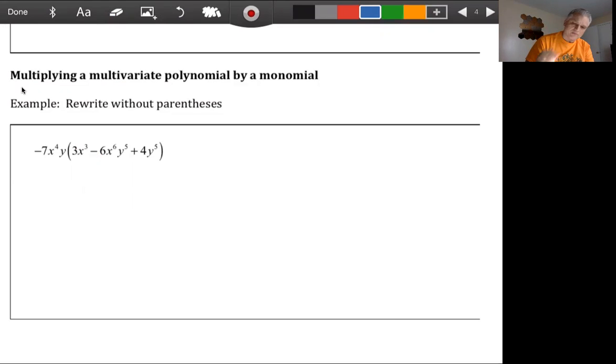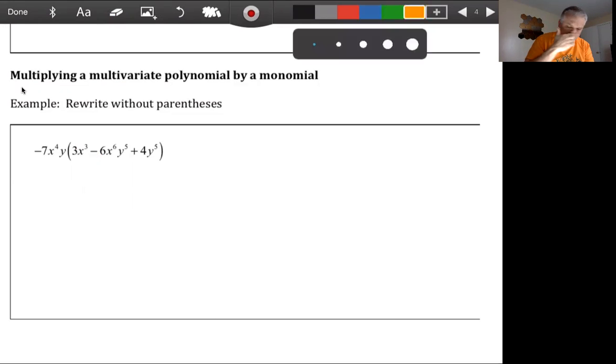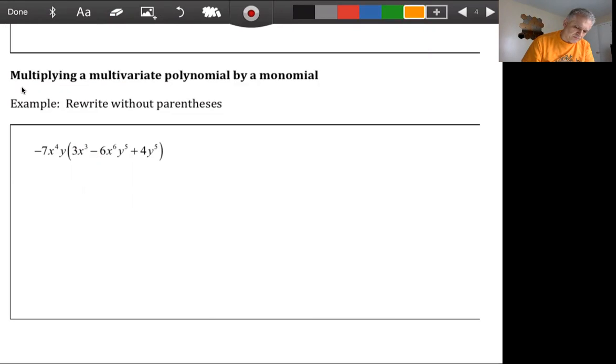Okay, so let's look at this one. Again, we'll color code it as much as we can. Let's go orange for the first pair. So let's do negative 7x to the 4th y. And remember, this is y to the 1st power. Okay, invisible math. Times 3x to the 3rd, or 3x cubed. So let's do that. Negative 7 times 3 is negative 21.